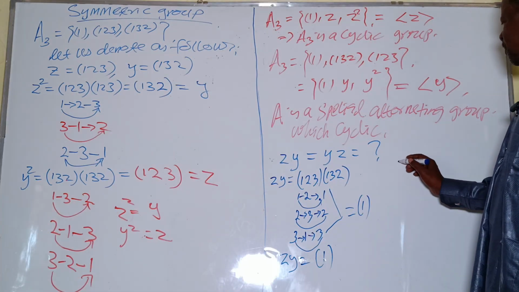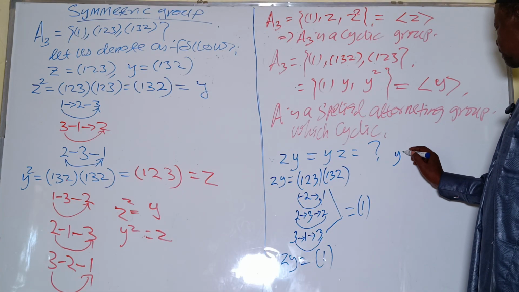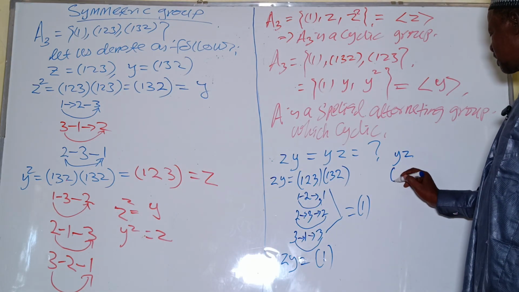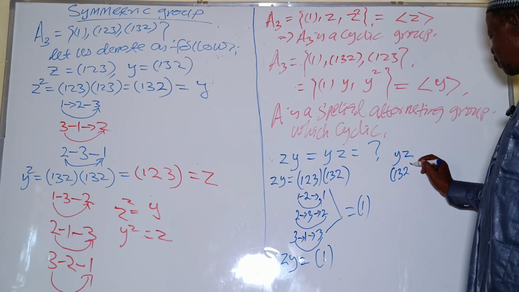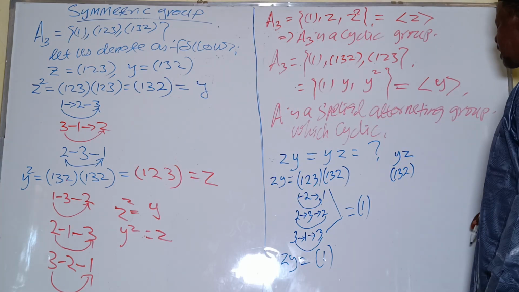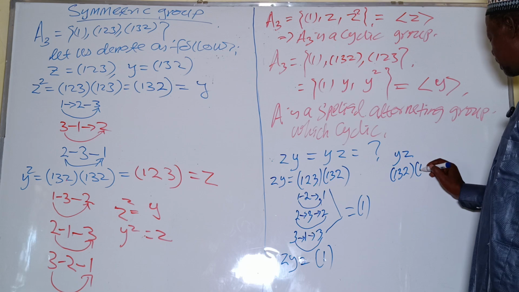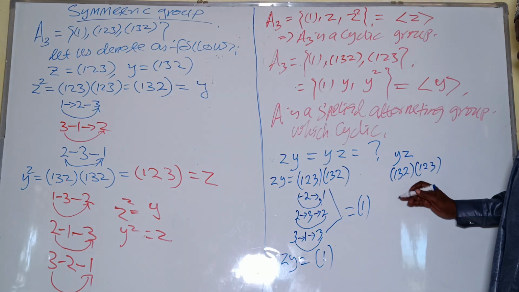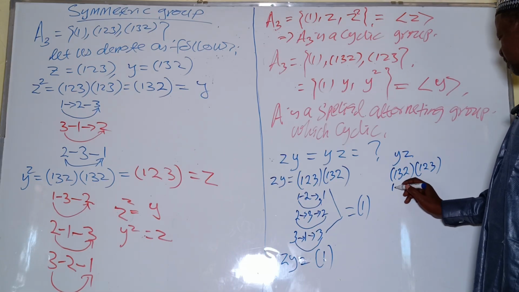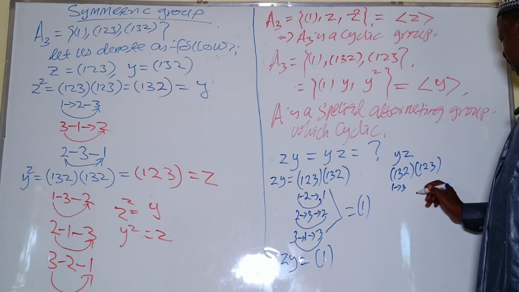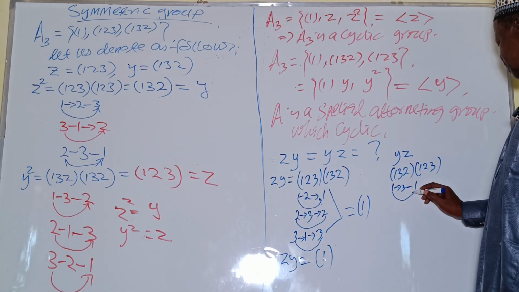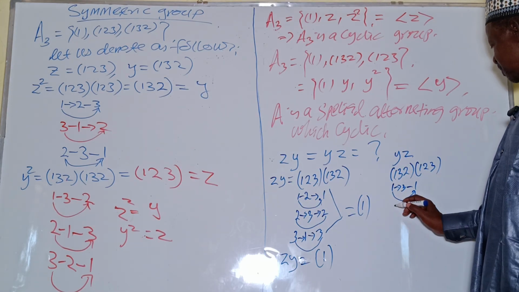Now check what YZ is. You write Y first, that means (1 3 2), then Z, which is (1 2 3). Check what it gives you. In the first cycle, 1 is mapped to 3, and in the second cycle, 3 is mapped to 1. So 1 is fixed.